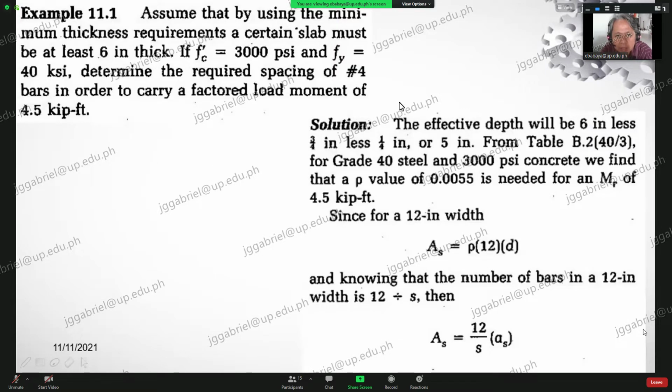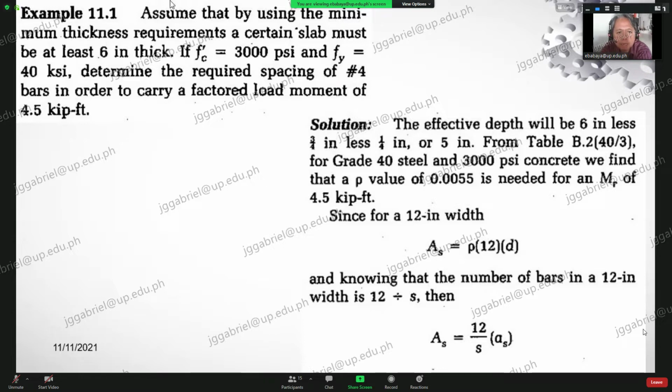Okay. Now let us have this example. This is in your book. It says, assume that by using the minimum thickness requirements, a certain slab must be at least 6 inches thick.